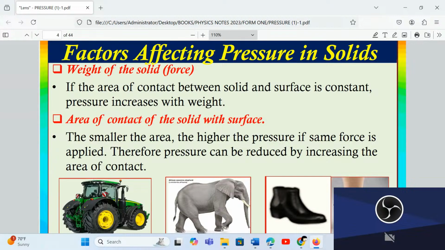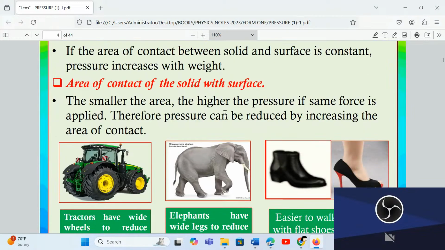If the area between solid and the surface is constant, the same way I have described over there, then the pressure increases with the weight. And this means that pressure is directly proportional to the force or the weight. Then there is the area of contact of the solid with the surface. The smaller the surface area, the higher the pressure you're going to exert. This means that pressure is inversely proportional to the area of contact.